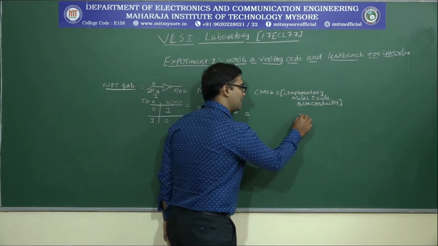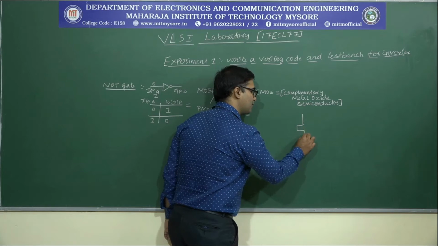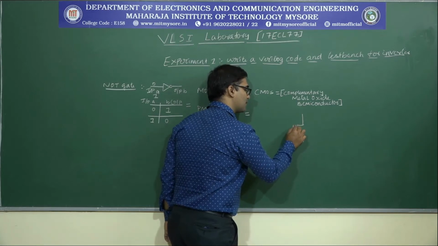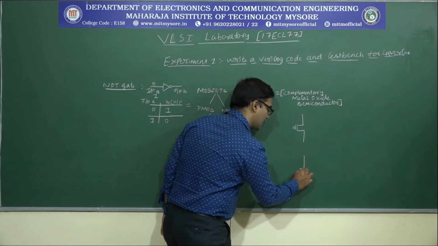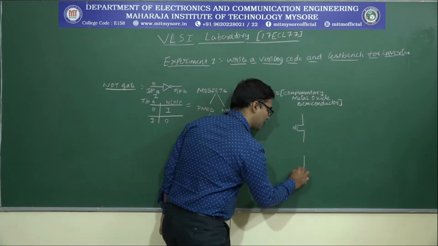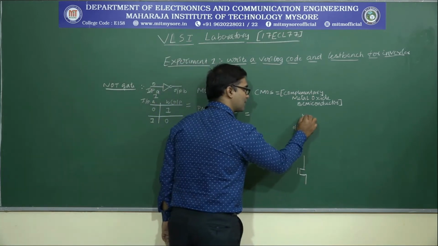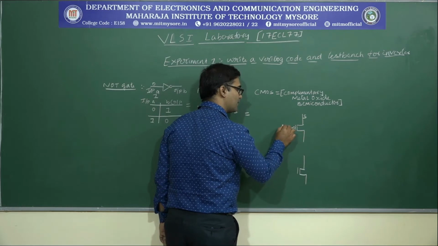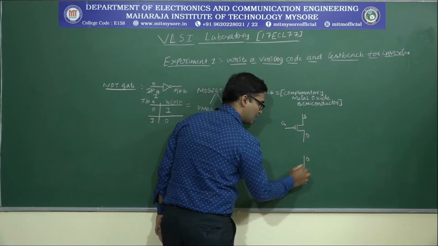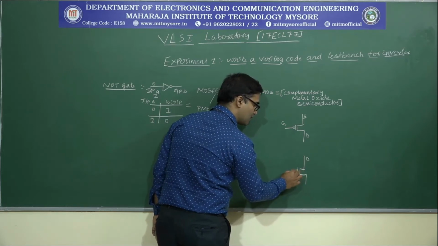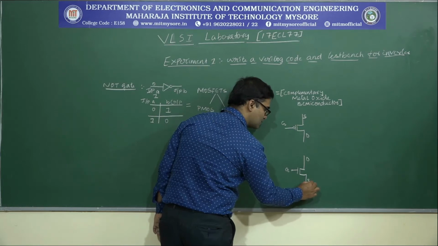So we will write the digital symbol of the PMOS. Let us define the PMOS, and we will define the NMOS, and we will write the terminals source, gate, drain, gate and source.